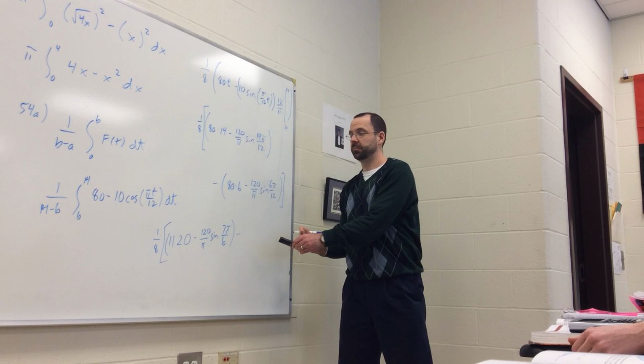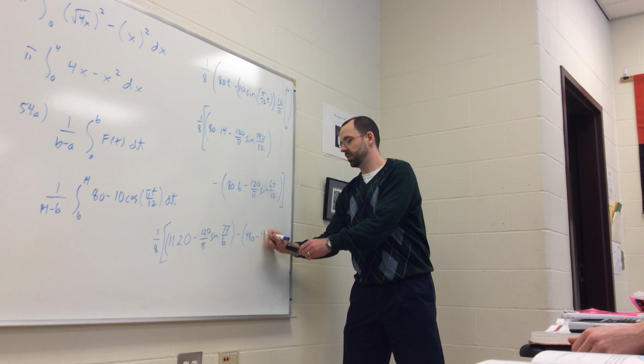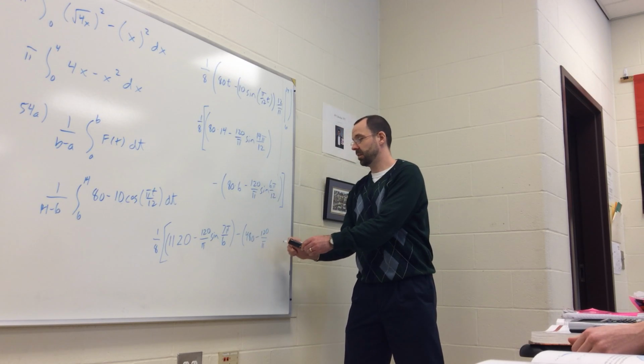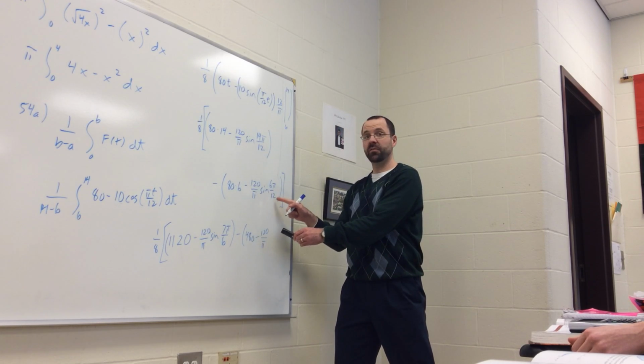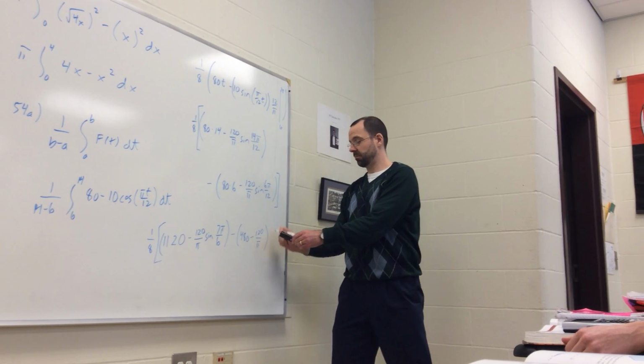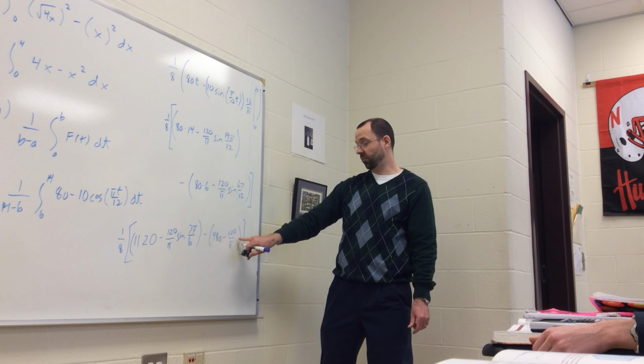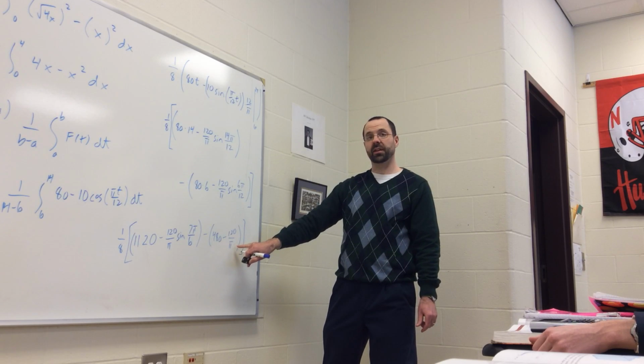Doing okay? So then 6 times 80 is 480, minus 120 over pi, sine of pi over 2, right, is 1. So that could be times 1 if you want, but that doesn't really do anything.